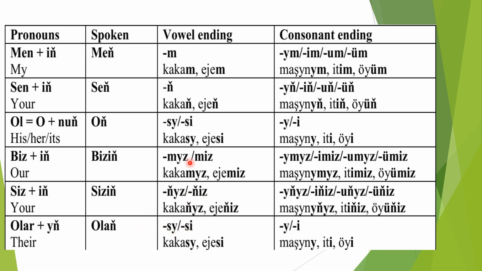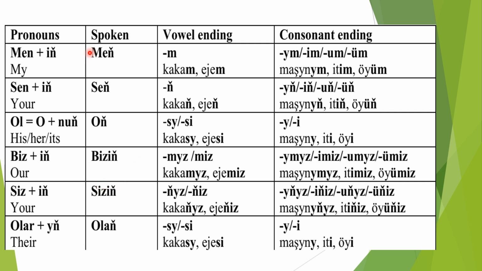So what we need to do is add these suffixes to the objects. If the object of possession ends with a vowel, then we add these suffixes according to what we are going to say, like my, your, he, she, it, and so on. If the object ends with a consonant, then we add these suffixes according to the first, second, third person pronouns.